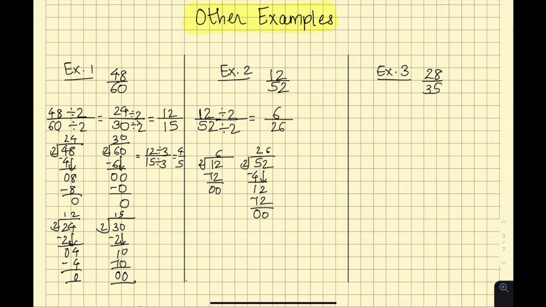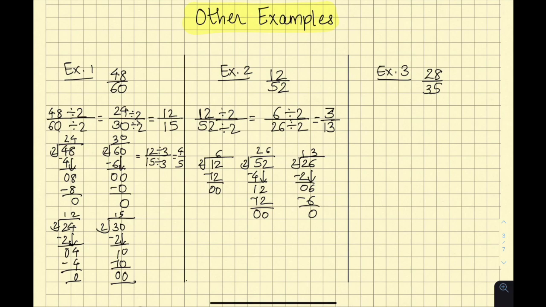Now again both are even numbers, so both can be divided by 2 further. 6 divided by 2, 2 threes give 6, and 26 I divide by 2, 2 ones are 2, 2 threes are 6. So this gives me 13. 3 and 13 cannot be divided further. Hence 3 over 13 is the simplest form of the fraction 12 over 52.